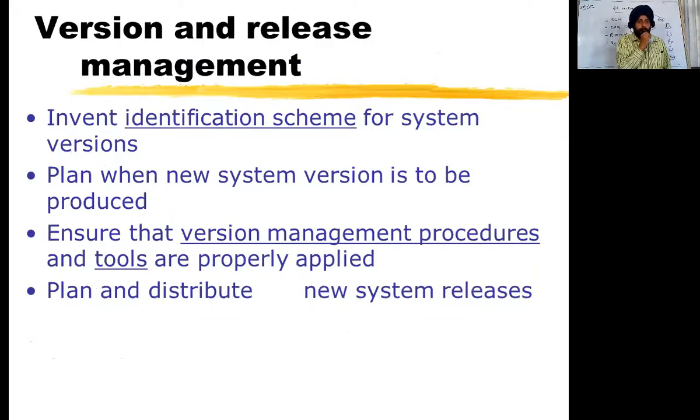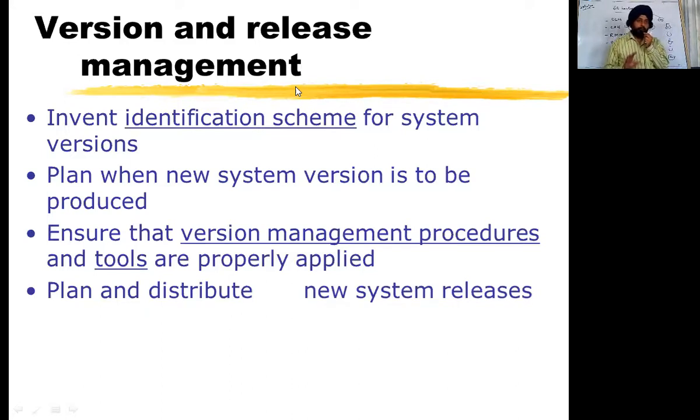So what is a version? It is not visible here. Let me see the topic. So it is version and release management. What is the difference between a version and a release? First of all, invent an identification scheme for the system versions. We have to identify the scheme where we decide that these features have to be given in version 1 and this feature has to be given in version 2. So we have to identify all the schemes, all the modules, all the features, all the functionalities.